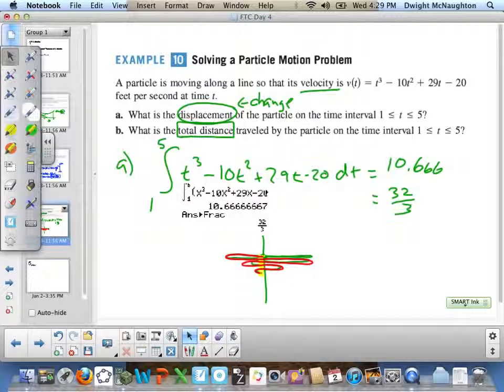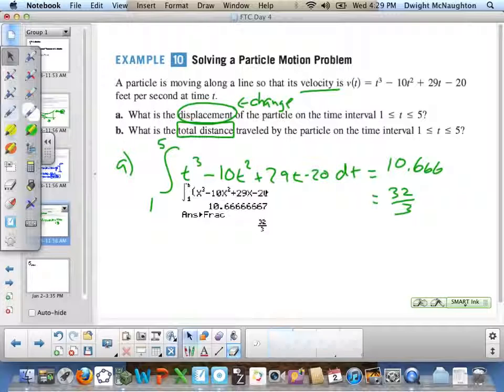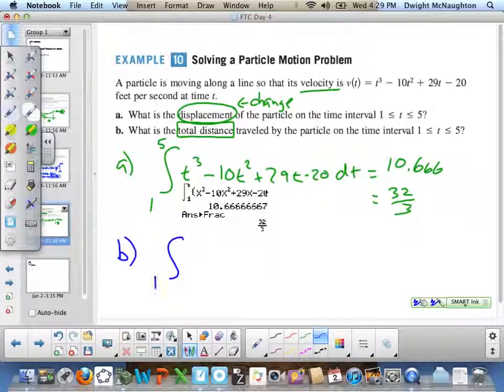All right? We need to find a way to counteract the forwards and the backwards. And what we do to counteract the forwards and the backwards, how do you get rid of negatives from a function? We're going to use absolute values. So to find the total distance traveled, we ignore the negative velocities. And we do that with absolute values.